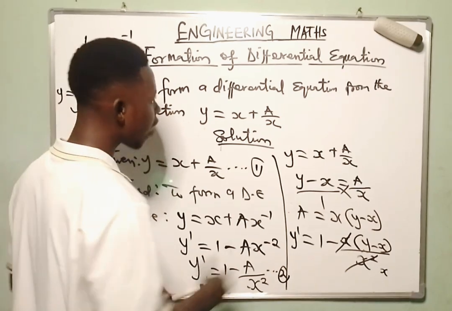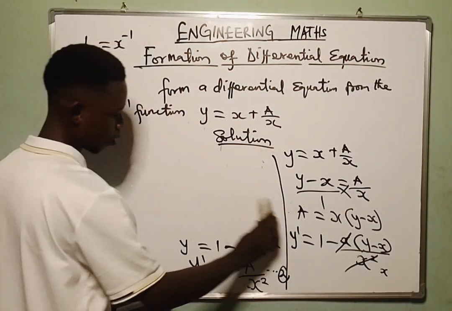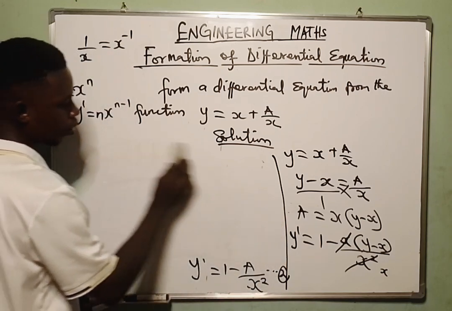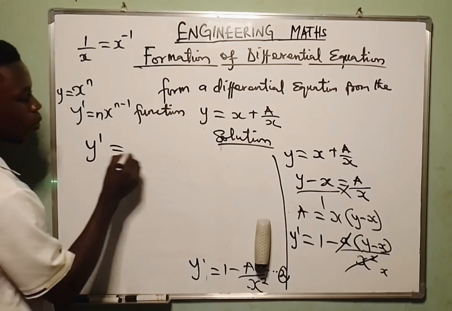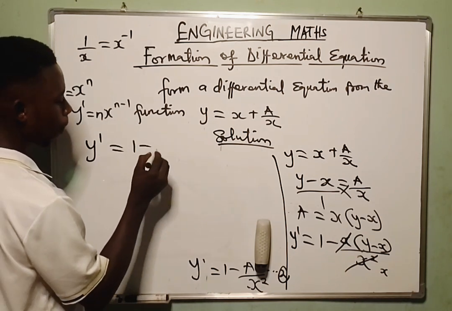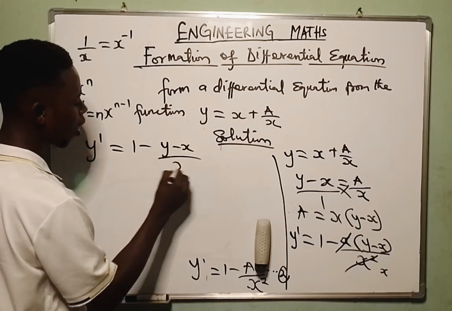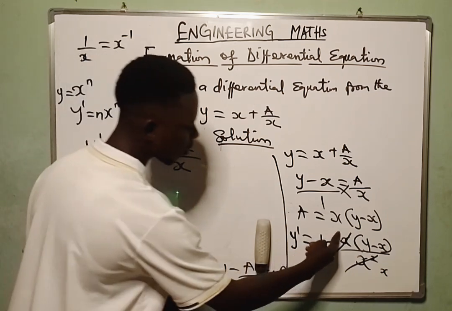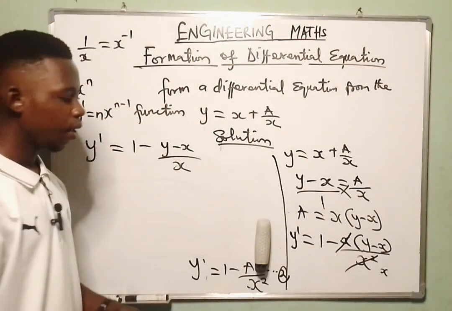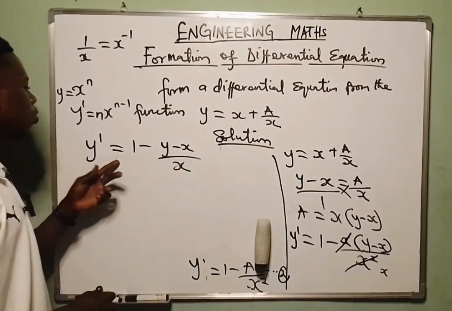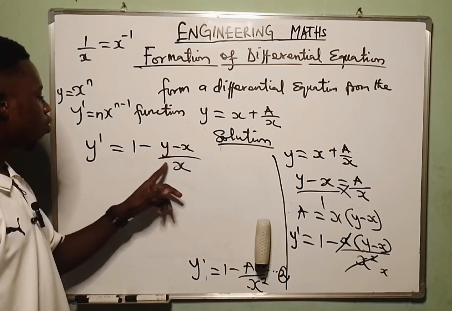Therefore we are going to have y prime equal to 1 minus y minus x all over x, because when you cancel this and cancel this, one of these will remain. Don't forget that it is x squared. Now you'll be left with y prime equal to 1 minus y minus x all over x.